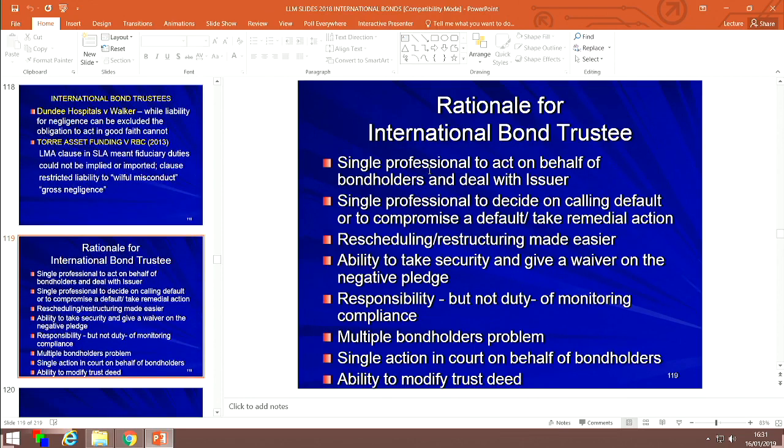What I want to get on to before I move on is the question that somebody asked me here: why do we have one of these bond trustees? The reasons are mostly commercial, but very importantly, these trustees are professional entities. These are not people plucked off the street. This is Deutsche Bank trustees, this is JP Morgan trustees, this is Royal Bank of Canada trustees, and so on. They are professional organizations, usually a subsidiary of a major global bank. And therefore, there is a single professional organization which can act on behalf of the bondholders and deal with the issuer.